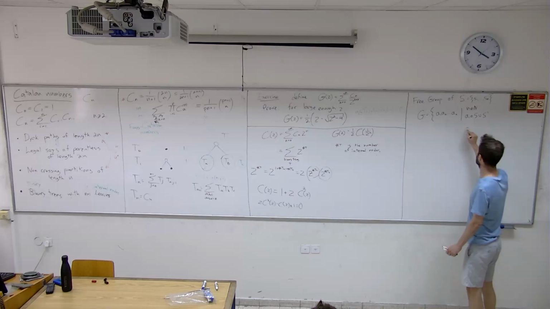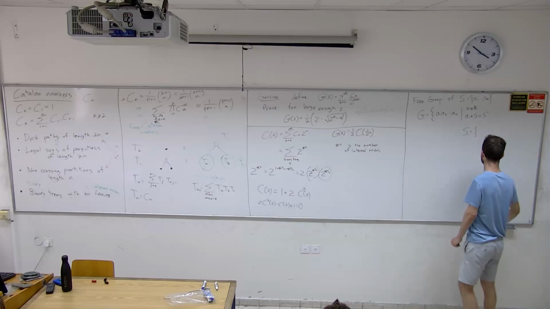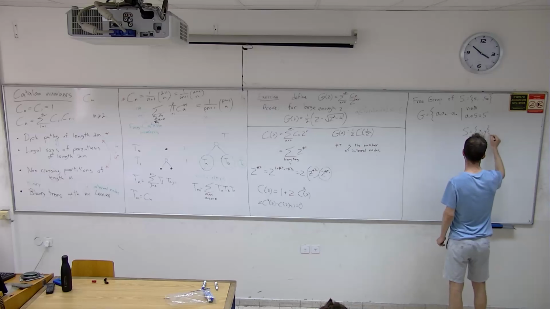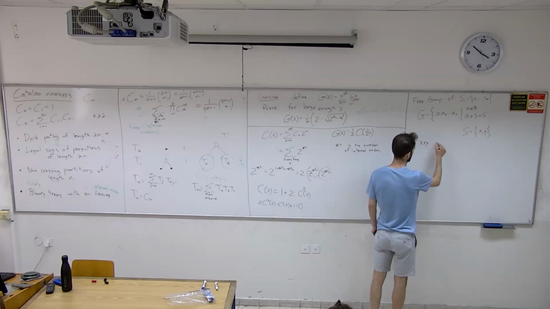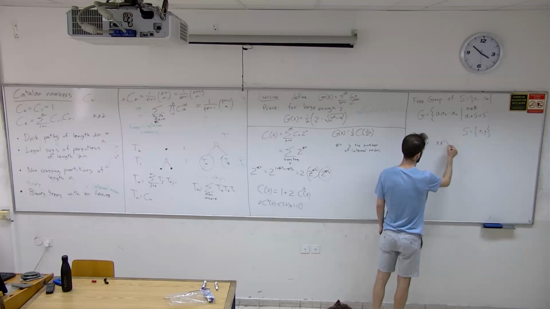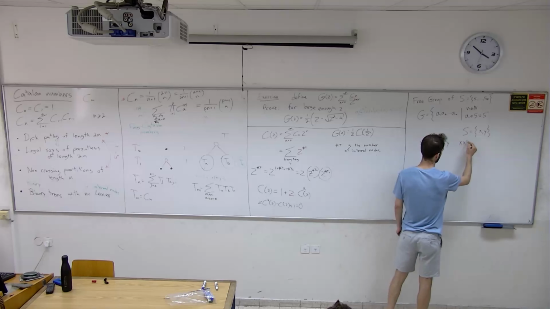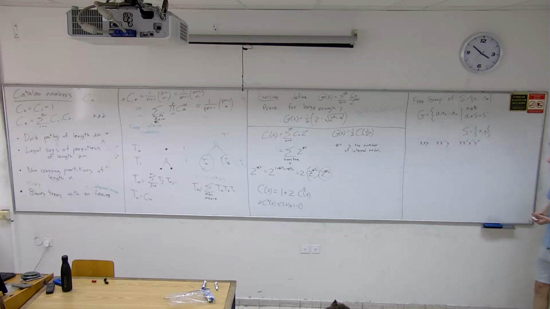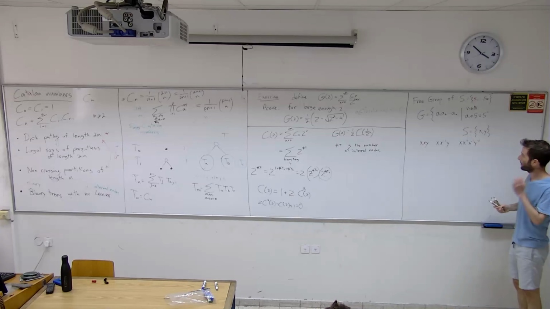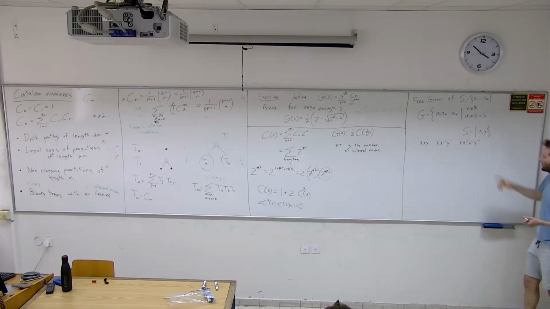So for example, if S equals X, Y, then the words X, X, Y, and X, X inverse, Y, and X, X inverse, X inverse, Y inverse are all in this set, because I can take any one of those or their inverses.